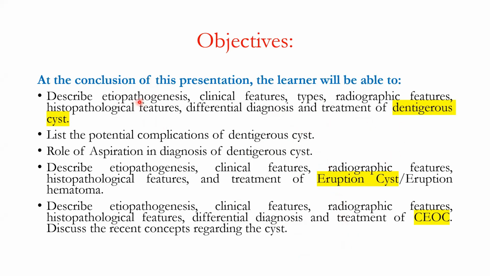You need to understand the etio-pathogenesis, followed by all features individually, and learn how to correlate them to arrive at a diagnosis. The three cysts we are going to study today are Dentigerous cyst, Eruption cyst, and calcifying epithelial odontogenic cyst.